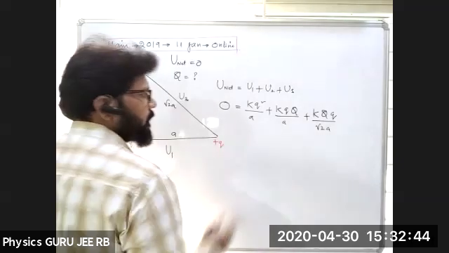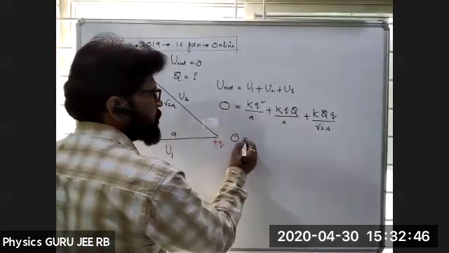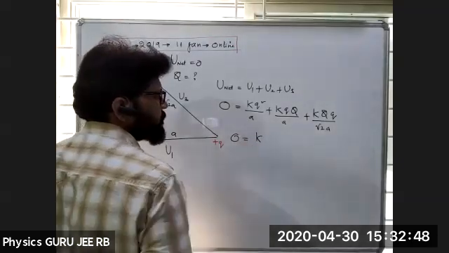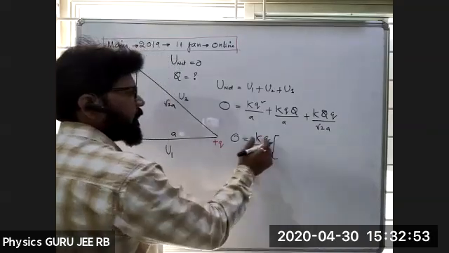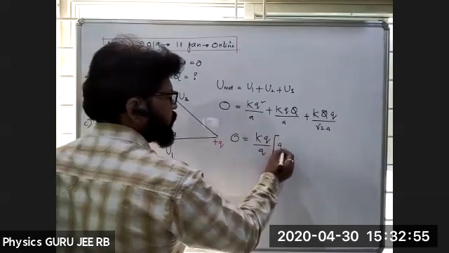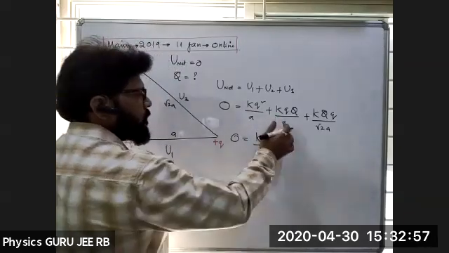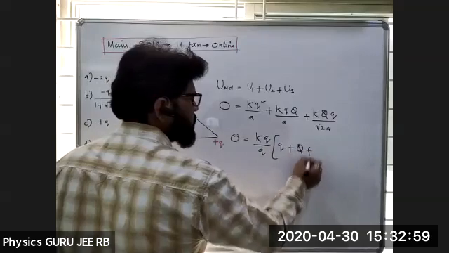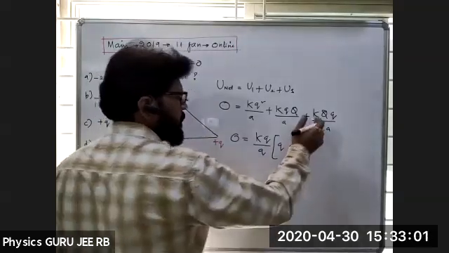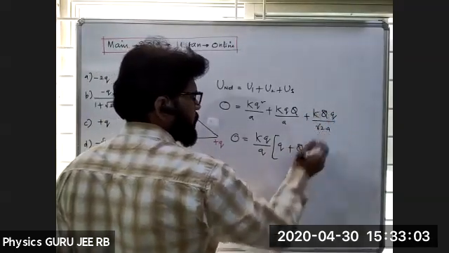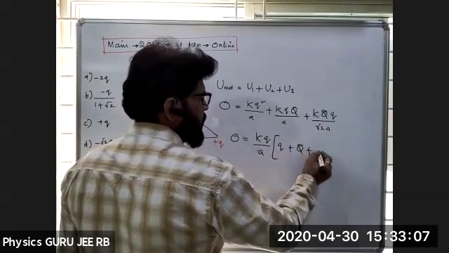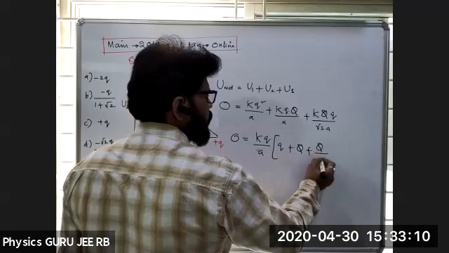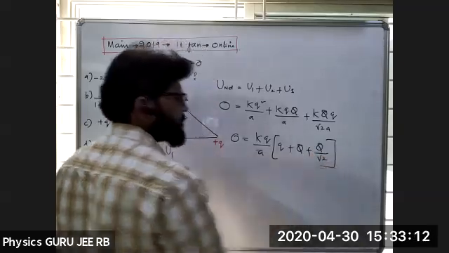Now what we require here: 0 is equal to, I can take K q by A as common. If I take K q by A, here we will be getting q plus capital Q, plus capital Q by root 2, right?